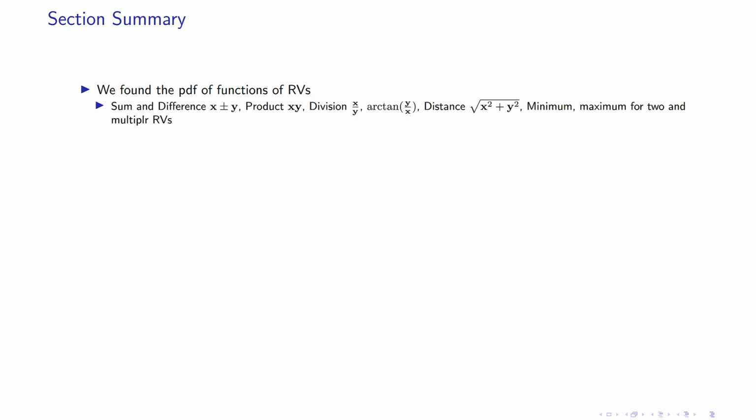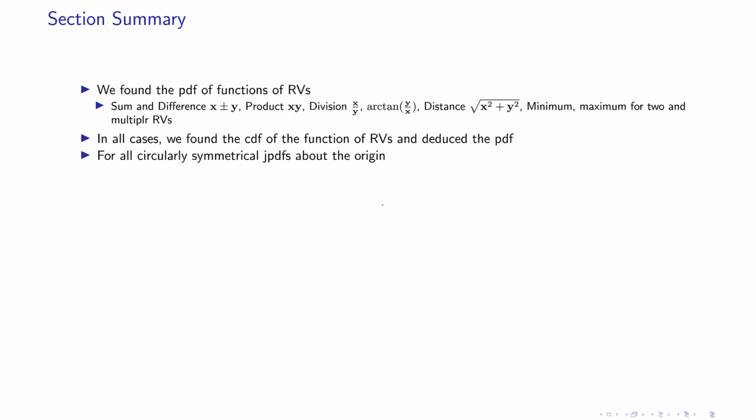So in this section, we have found the PDF of functions of random variables. We have found the distribution of the sum, difference, product, division, arctangent, distance, minimum, and maximum of two random variables, and of multiple random variables as well. In all cases, we found the CDF of the function of random variables and deduced the PDF.